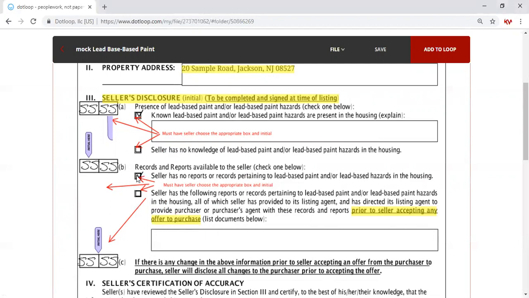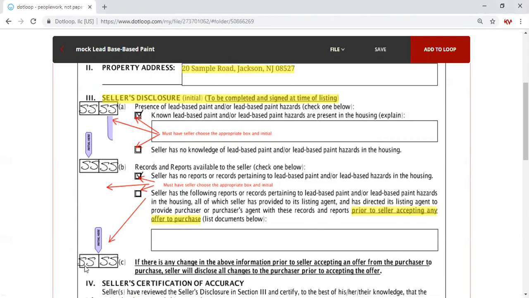The first checkbox says seller has no reports or records pertaining to lead-based paint or lead-based hazards in the house. If the seller has reports, he would have to check this box, and it says seller has the following reports or records pertaining to the lead-based paint or hazards in the house. This is where the items or reports would be listed.